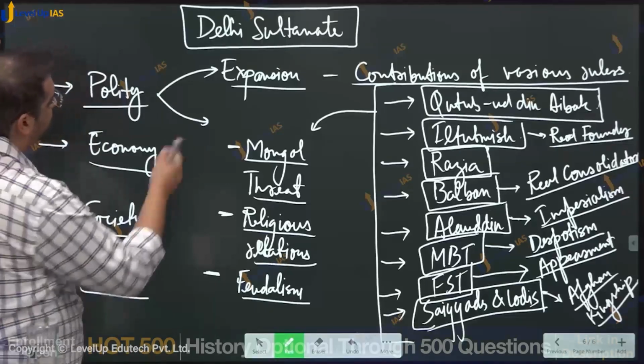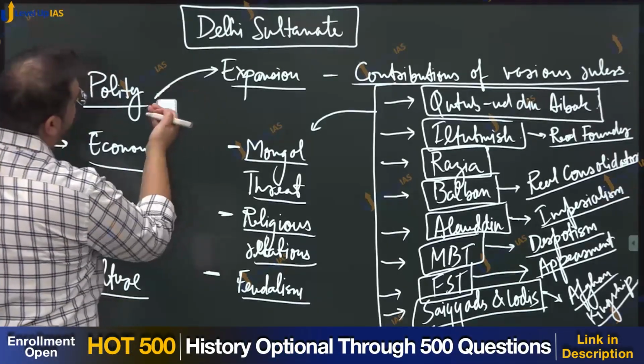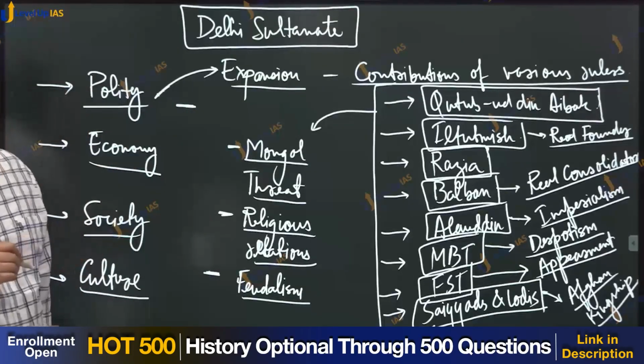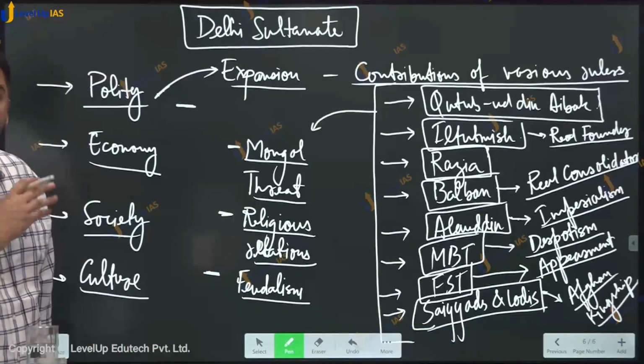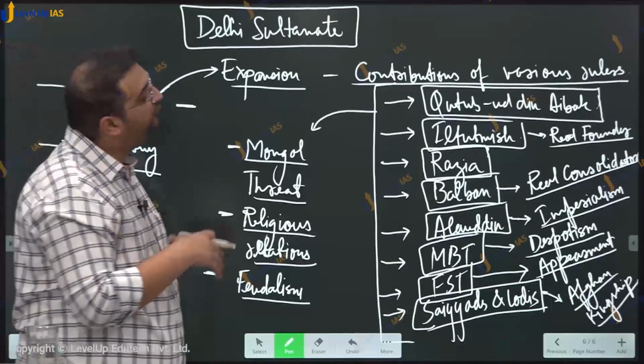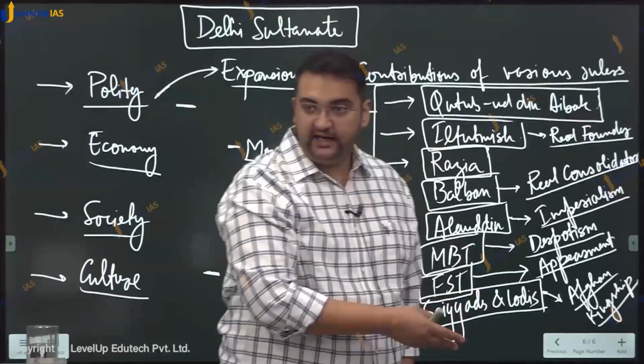feudalism. Further, the early Islamic state in India was not a standardized formulation. It had to undergo a long process of evolution with many new features evolving under each of the successive sultans, right?